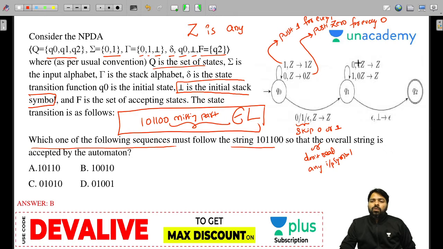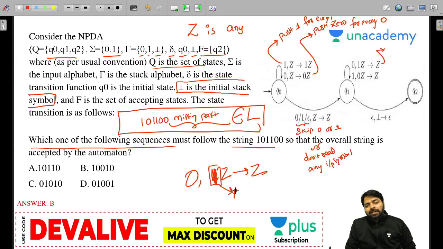Now what is this one? Pop 1. Can you see that? 0, comma 1 Z, and this 1 is going to be deleted. So pop 1 for 0. And pop 0 for 1, meaning we pop the opposite symbols, guys.